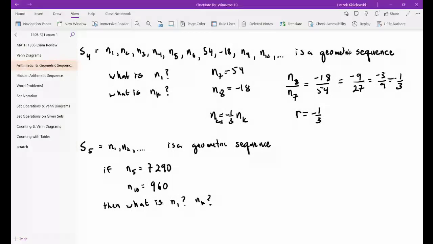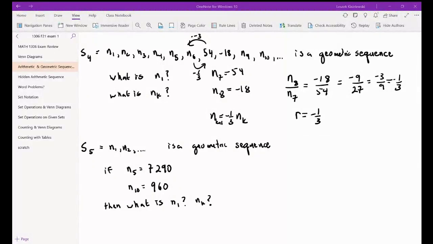Well, if you get one term by multiplying the previous term by negative 1/3, you can go the other way by multiplying by negative 3. So here you'd multiply n6 by negative 1/3 to get 54. So n6 must be 54 times negative 3.